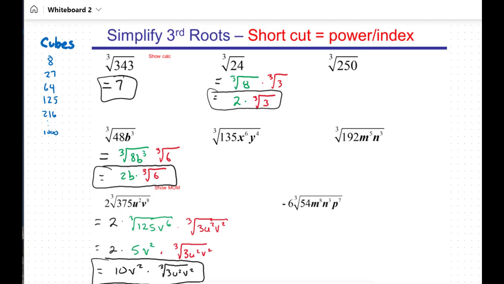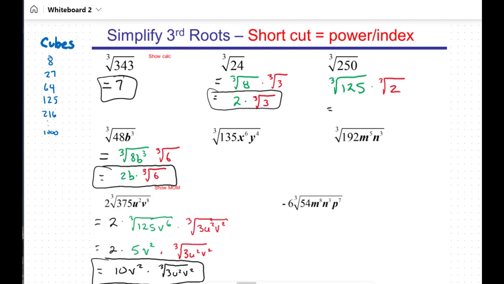Turns out that factors. So we can take the cube root of 250 and factor it into 125, which is a nice cube root, times 2. Cube root of 2 is not a nice answer. We don't get a clean, easy answer out of it. But this simplifies because part of it is a cube root of 125, which equals 5.